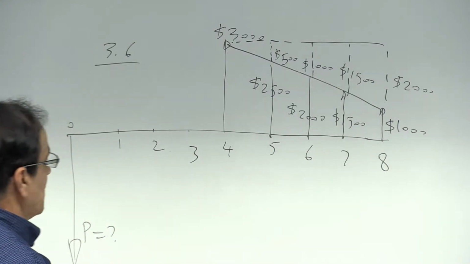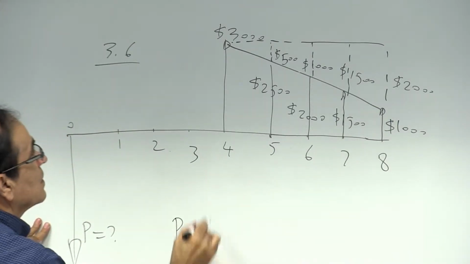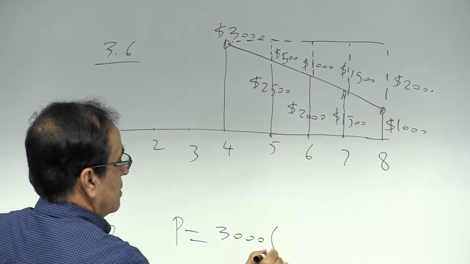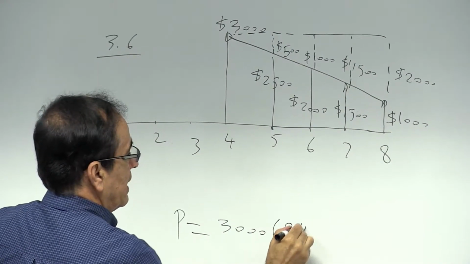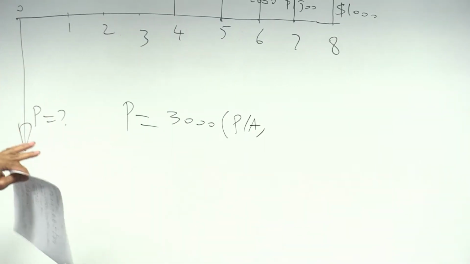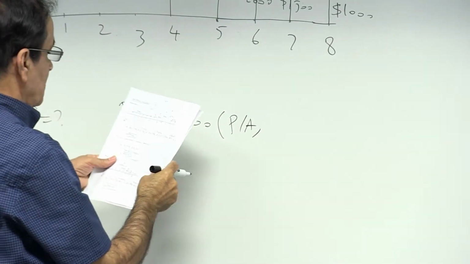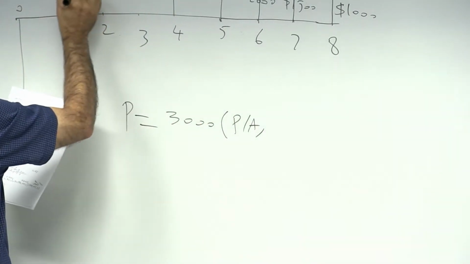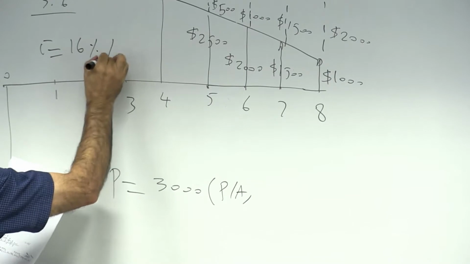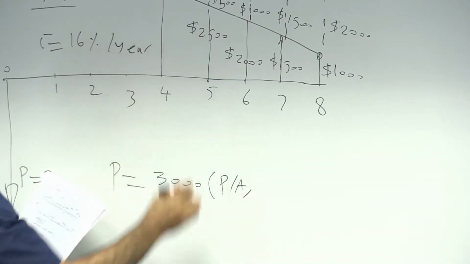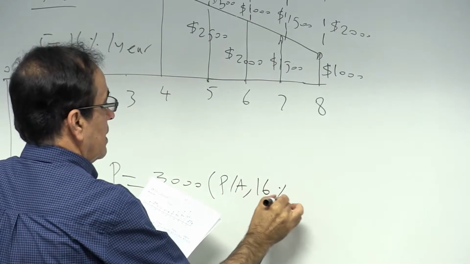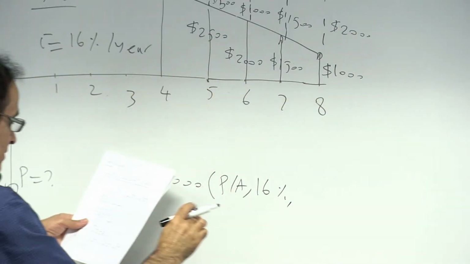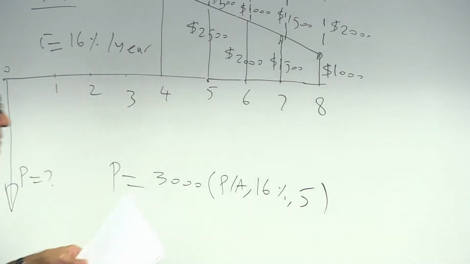Now I have a uniform payment, because 3,000, 3,000, 3,000, 3,000. So I can find the present worth of those payments. I have a uniform payment of 3,000. You're going to multiply this by P given A, because it's the present worth of a uniform payment. The interest rate for this example is 16% per year, and the number of periods is 1, 2, 3, 4, 5. 5 payments.